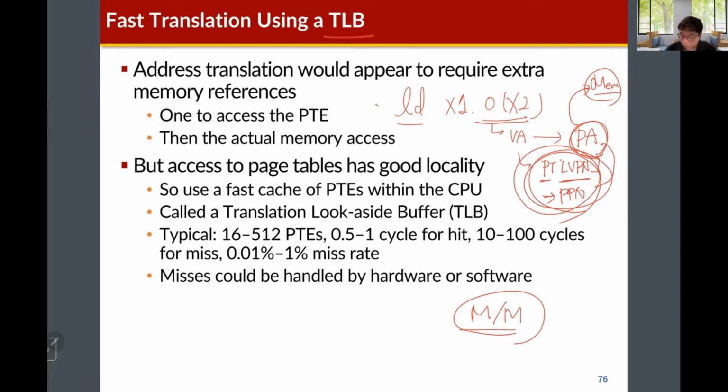It's so slow, so we use cache to reduce the memory accesses, right? Because the memory is very, very slow. So we use the cache before this main memory. But the ridiculous thing is that for this virtual address to physical address translation, we need to access main memory.